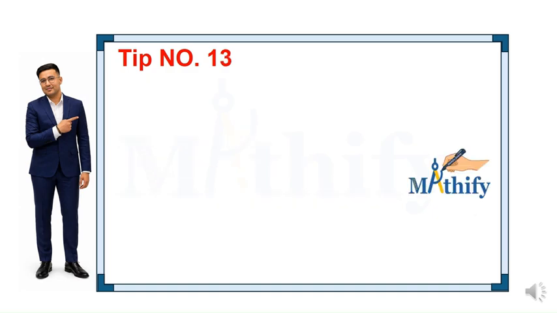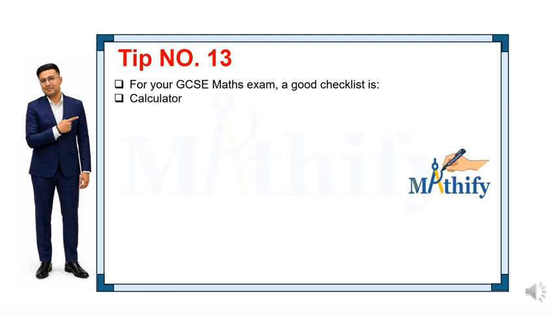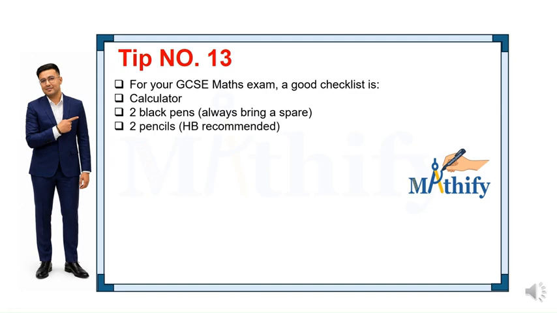Tip number 13. For your GCSE maths exam, a very good checklist is to have a calculator, 2 black pens. Always bring a spare pen just in case it runs out in your exam. It's always important to have a spare pen. 2 pencils, HB brand is recommended.